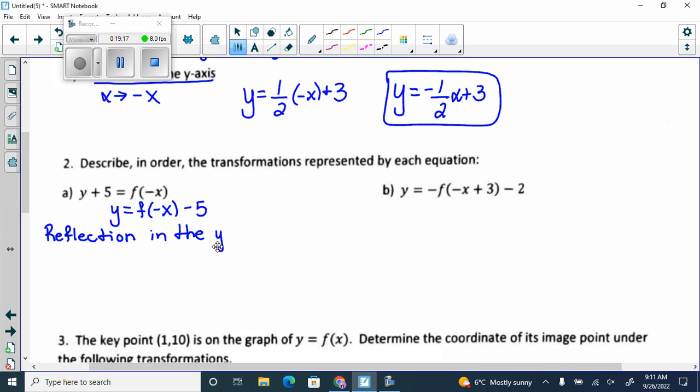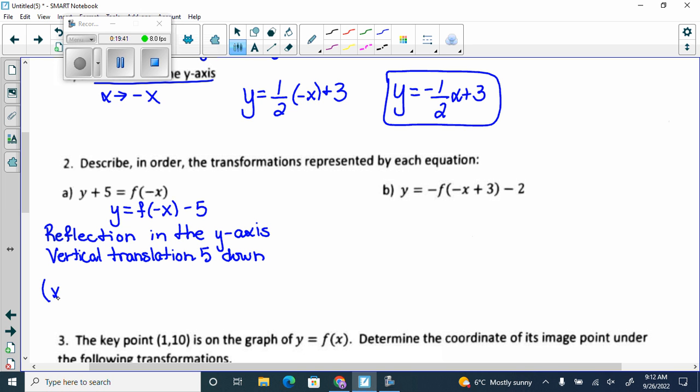And then we have a vertical translation, five down. Now it didn't say mapping, but I'm going to prove mapping.